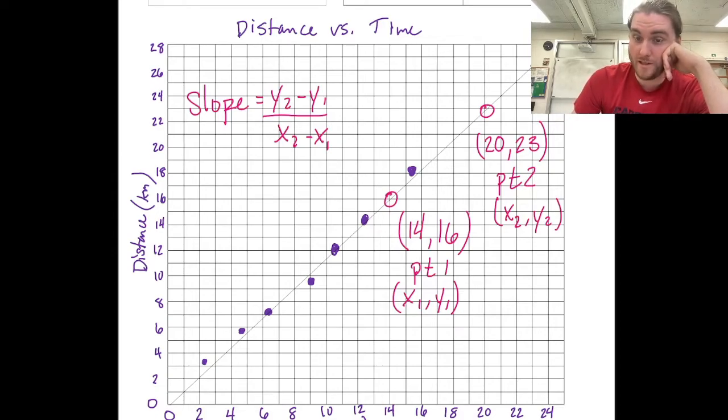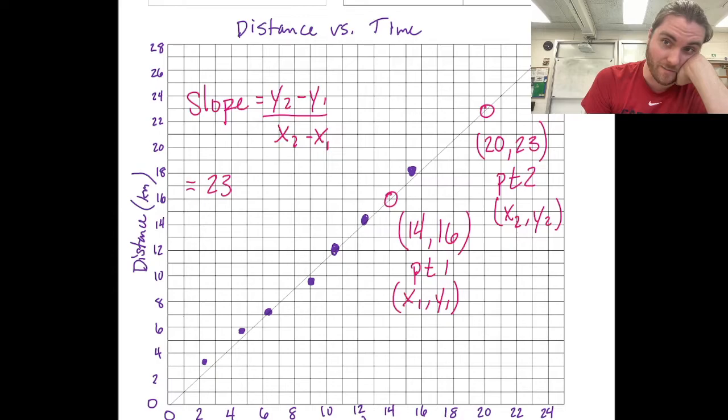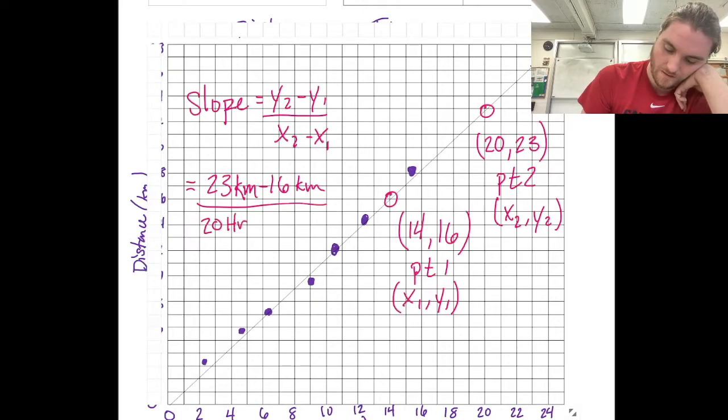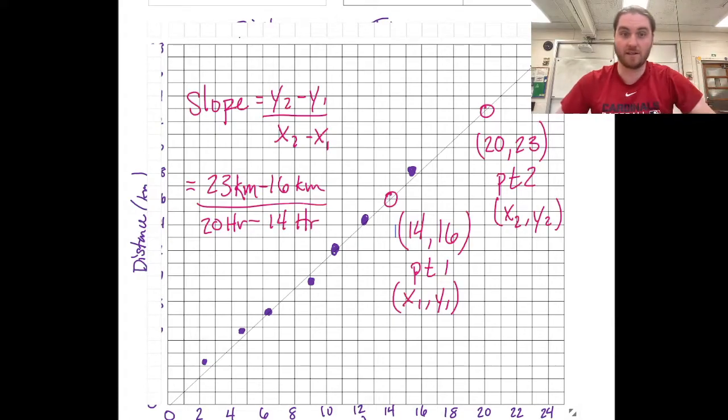So if I'm trying to do y2, I would plug in, then for my slope, 23, and this is a number now, so it needs a unit. So my y-axis is kilometers. I would do 23 kilometers minus y1, 16 kilometers, divided by x2, so 20 hours, minus x1, 14 hours is my slope.